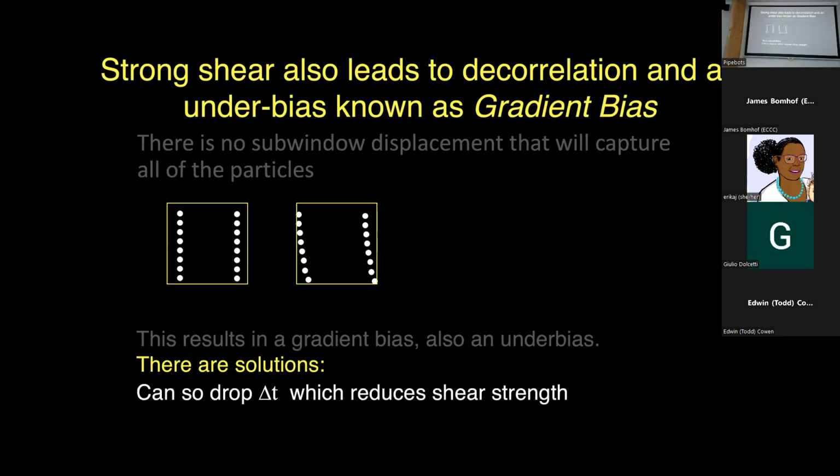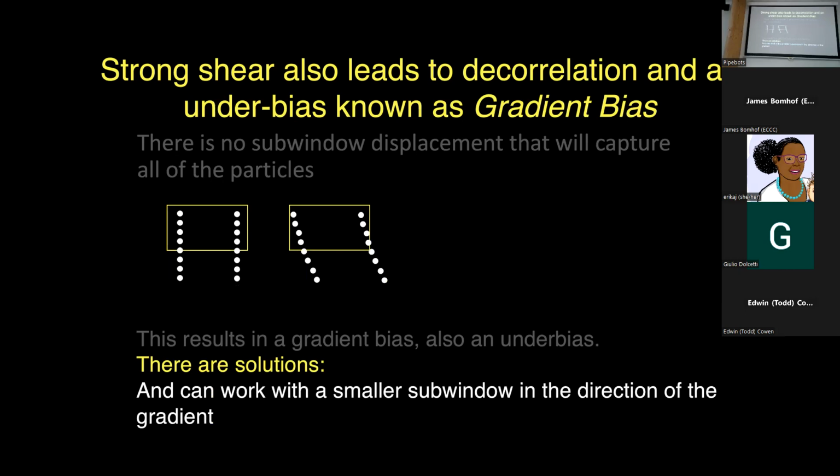Well, the classic way to resolve it, in both PIV type techniques or in acoustics, is to work with a smaller delta T, allow the shear to operate over a shorter time. The displacement gradients are smaller, my gradients are smaller, and life gets better and my decorrelation disappears. The downside is if the velocity field is not very strong, then my overall displacements are smaller and my uncertainty can go up. So it's not always the optimal technique.